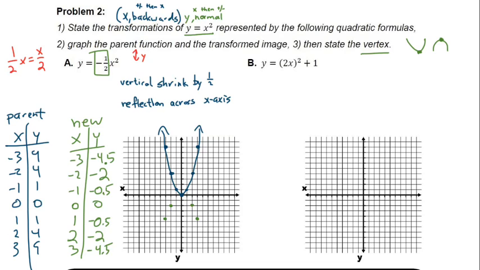Negative 1 is -0.5. So remember, if it's 0.5 or 0.7, just estimate it the best you can. And 0, 0, they share a point right there. So this graph is a little wider. And there's the new one.